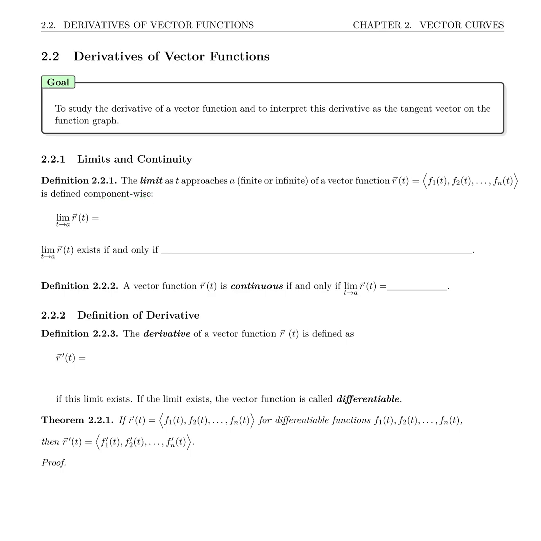And what that means is the limit as t goes to a of r of t is the limit as t goes to a of the first component, and the limit as t goes to a of the second component, all the way up to the limit as t goes to a of the last component. So the limit as t goes to a of r of t exists if and only if each of the component limits exists.